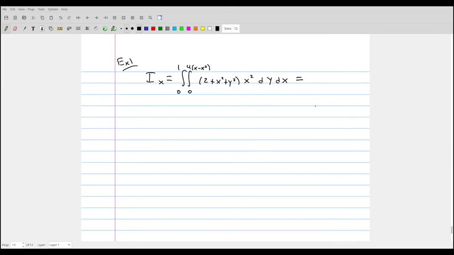This has a value of 508 over 945, with units of kilogram meters squared.